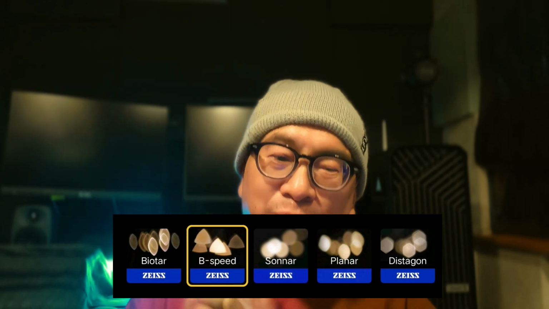Fast forward to today, we have the B-speed or the Super Speed emulations in your Vivo X200 Pro. Oh man, why is it so important?